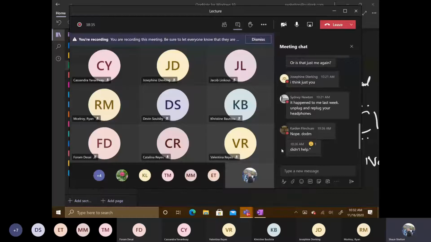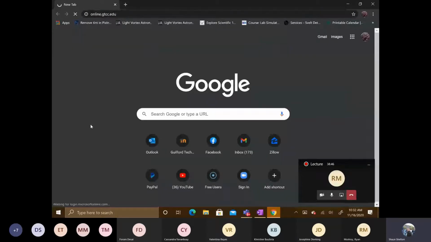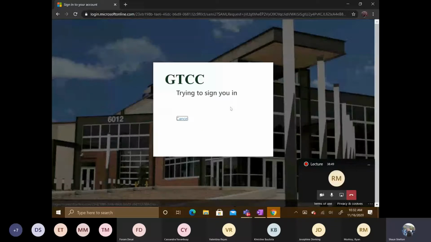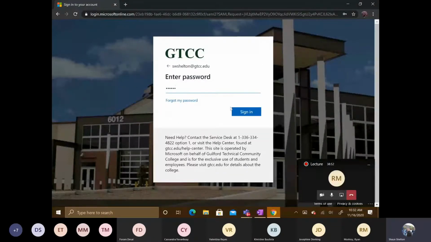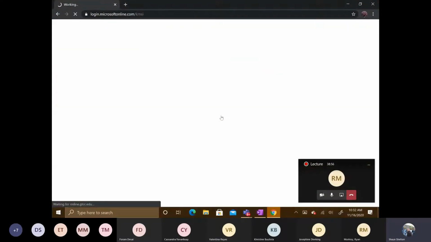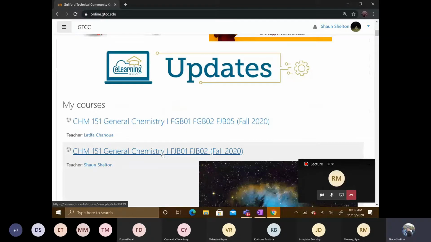So on Moodle, I have a document. I showed you guys this last week, and let's see if I'm logged in still. Nope. Log in real fast here. On Moodle, there's a document that I've posted. It's been on there the whole semester, but I just want to point it out to you here.